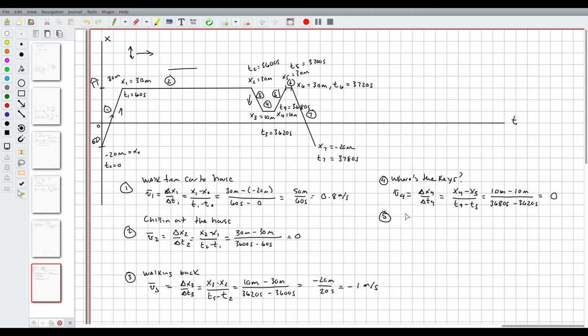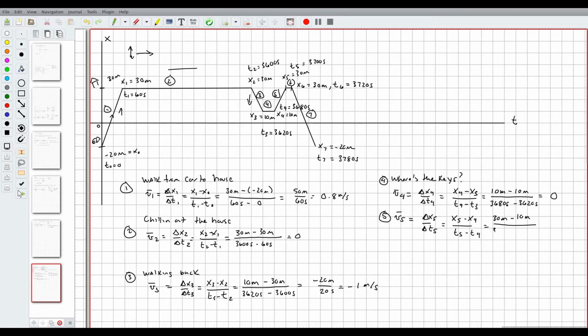So here we are, heading back to the house. Path 5: delta x5 over delta t5, x5 minus x4 over t5 minus t4. For that one, we end up at the house. We started 10 meters away from the origin.